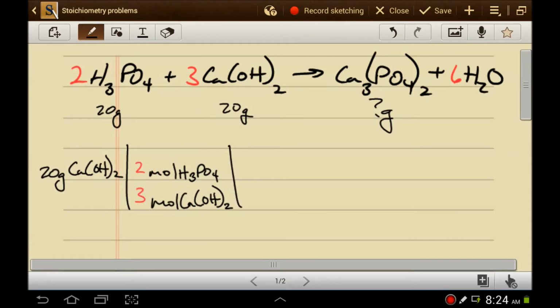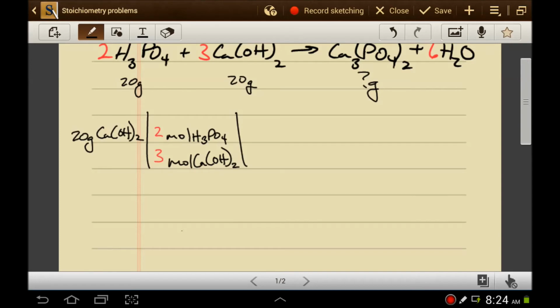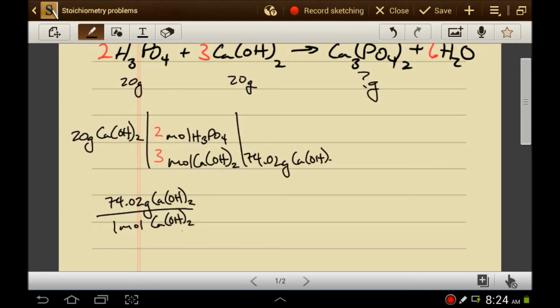To get moles to cancel with grams, we need the molar mass of calcium hydroxide: 74.02 grams of calcium hydroxide for every 1 mole of calcium hydroxide. Grams of calcium hydroxide cancel with grams of calcium hydroxide. Moles of calcium hydroxide cancel with moles of calcium hydroxide.